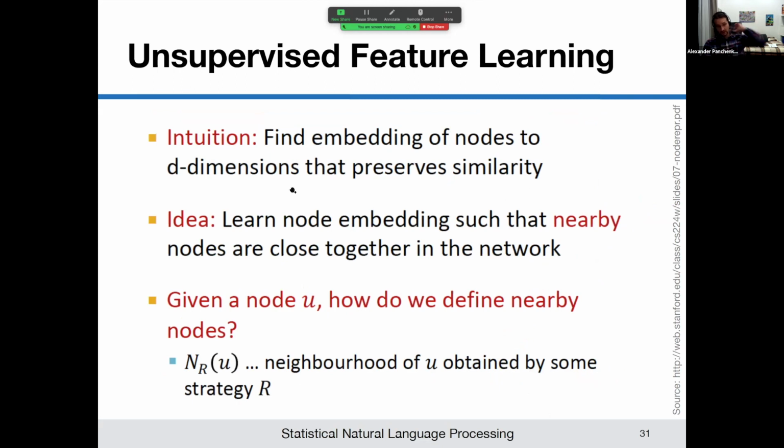So the main idea of this deep approach is to learn node embeddings such that nearby nodes are close in this vector space. And as I mentioned, the entire trick is to define the neighborhood for a given node.